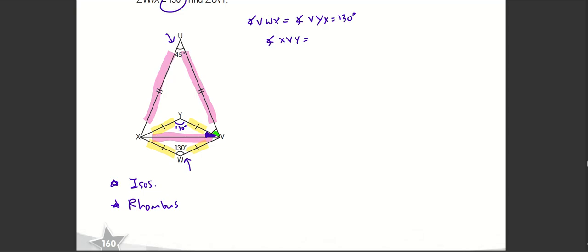Using the isosceles property, 180 degrees minus 130 degrees with the brackets, then I divide by 2. So that's 25 degrees each.